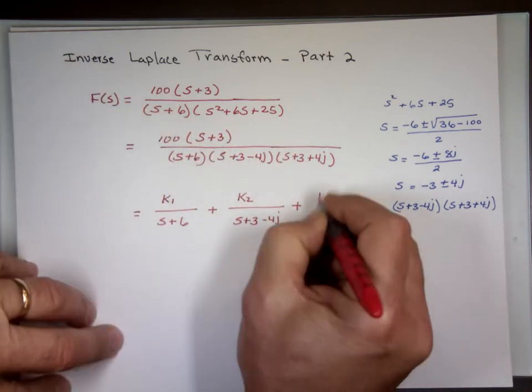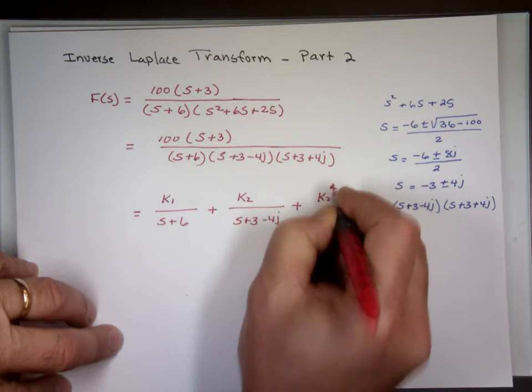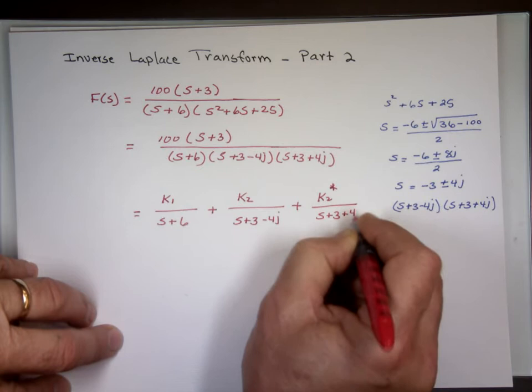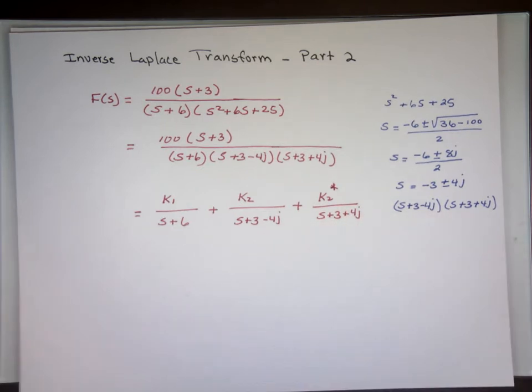So that would be k2 conjugate over S plus 3 plus 4j. And once I know what k1, k2, and k3 are, I'm in good shape. I can find the answer.